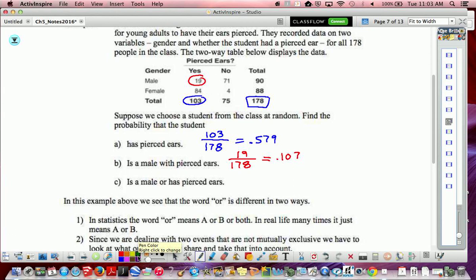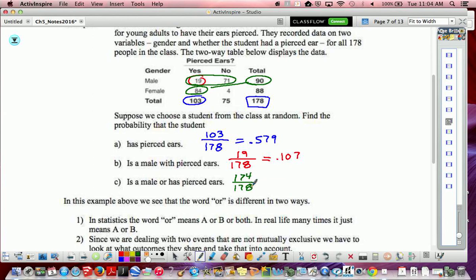And then there's 84 females that have pierced ears. So you're looking basically at these two numbers, which was 90 and the 84, and you get 174 out of 178. All right, do you agree with Leo?